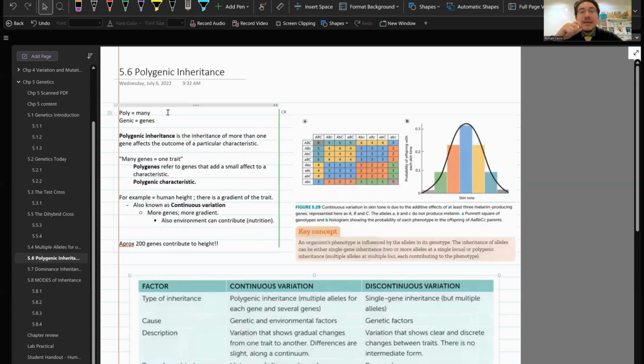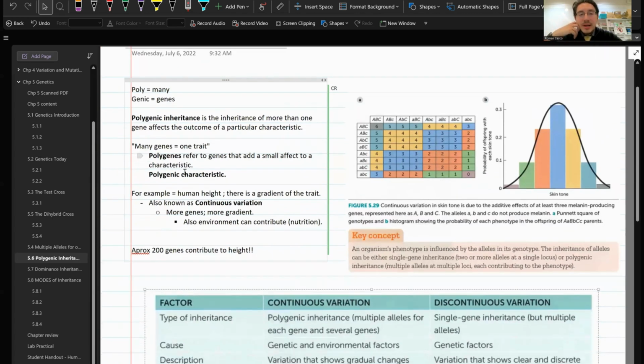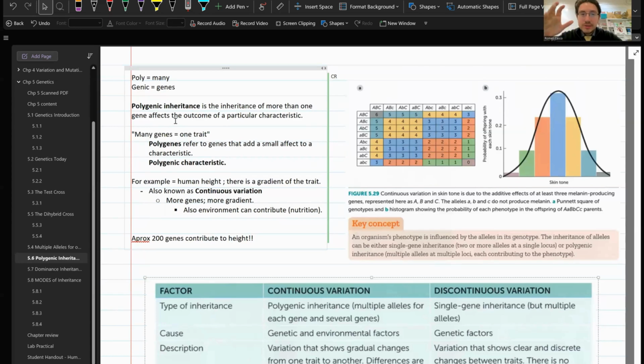And here you have many genes for one particular trait. This is called polygenic inheritance, and the name tells you what it is. So you have more than one gene affecting the outcome of a particular characteristic. Sorry, I've been mentioning traits. It's actually characteristic. For example, skin color, skin tone. So many genes equals one trait or characteristic.